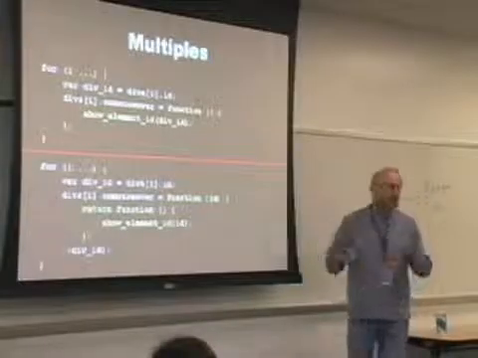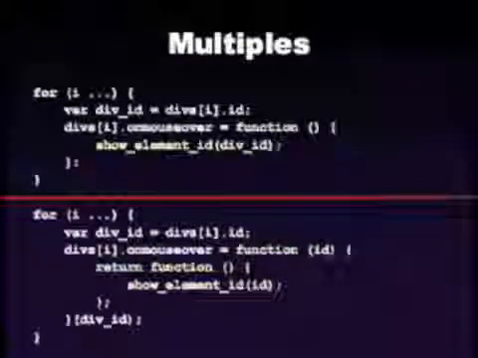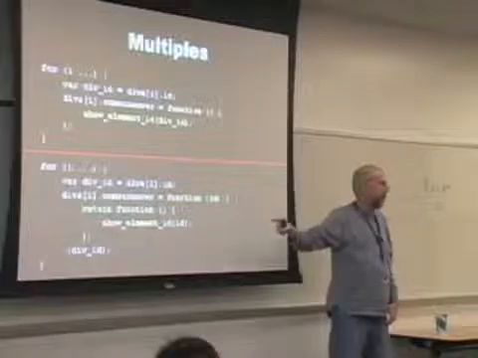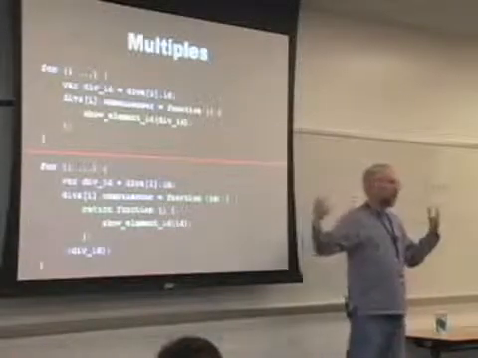This was an example that was on Develop Front End last year. Someone was going through a list of divs, and for each one, he was assigning a mouse over function. And each of the mouse over functions had a div ID. But he found that when he ran it, every object thought it had the same ID. And they all had the last ID.